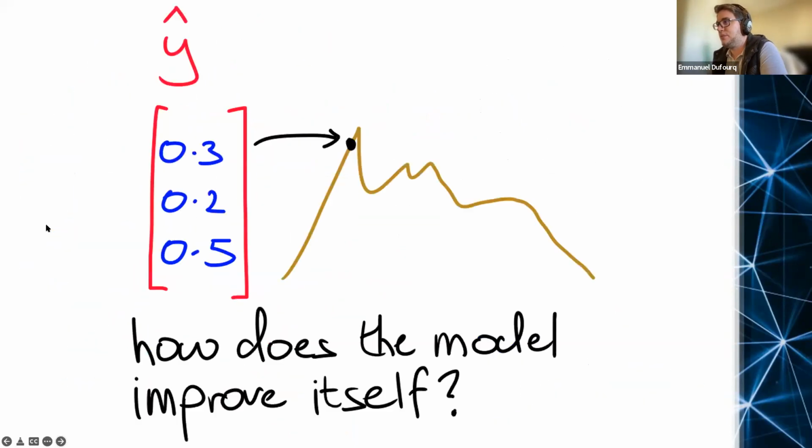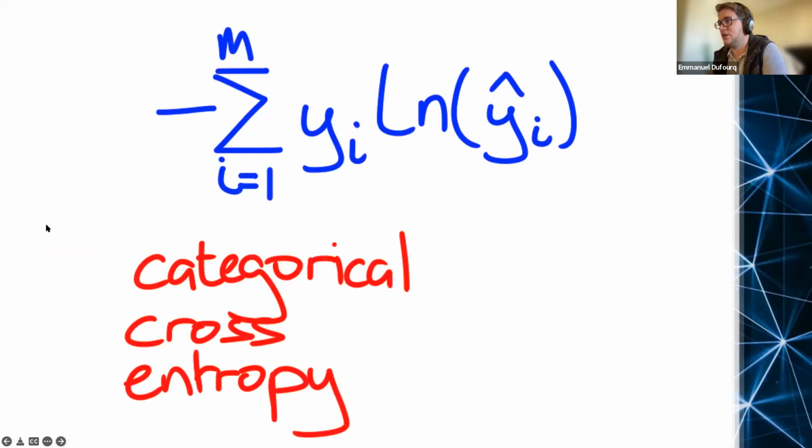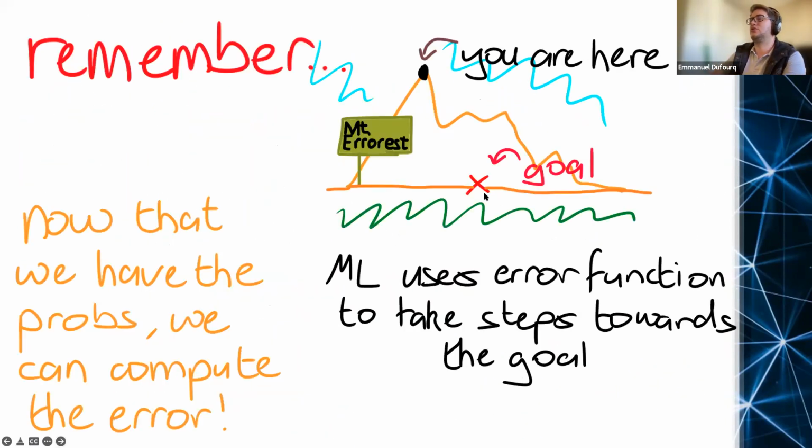Oh, before I do my example, there's one thing I forgot to tell you, or I indirectly told you. On this mountain, the higher you are on the mountain, the higher your error, and the lower you are on the mountain, the smaller your error.